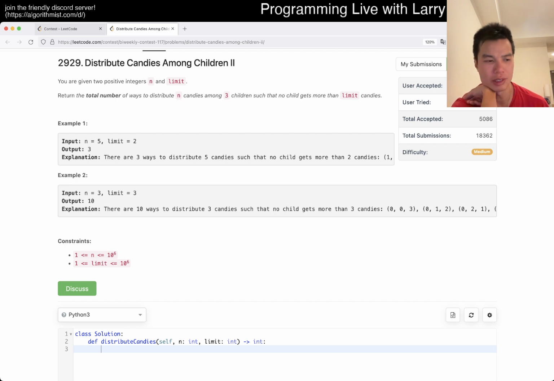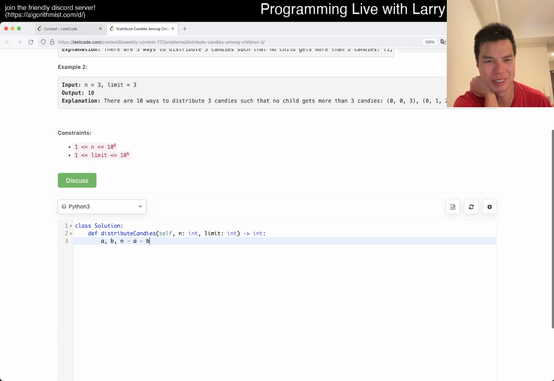Can it solve the two children case? Two children would be, well, we just brute force the thing, right? So let's see. So we have A, you have B, and then you have N minus A minus B. How do I get a limit from that?